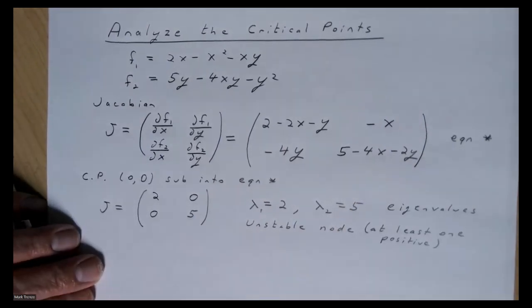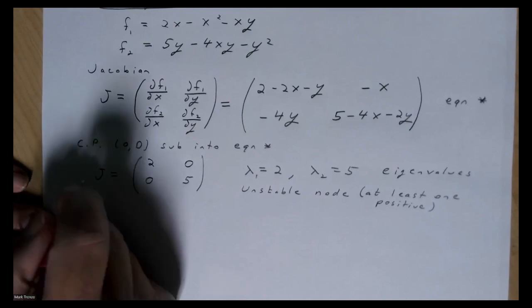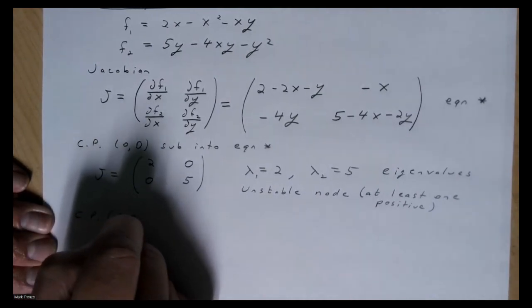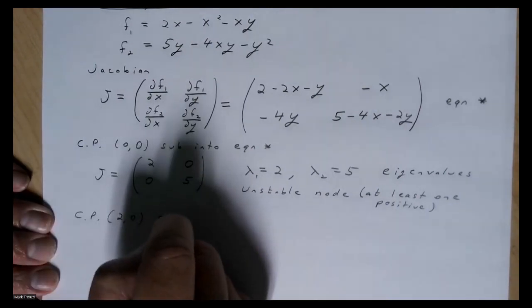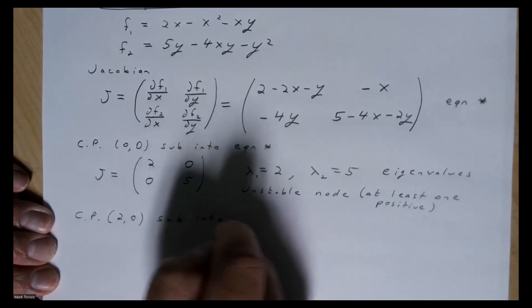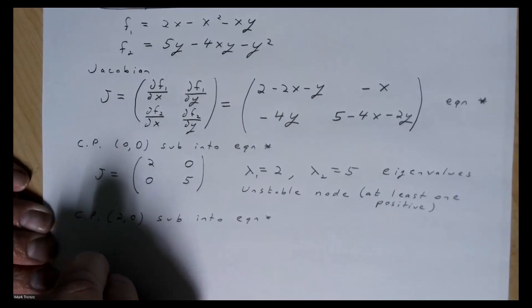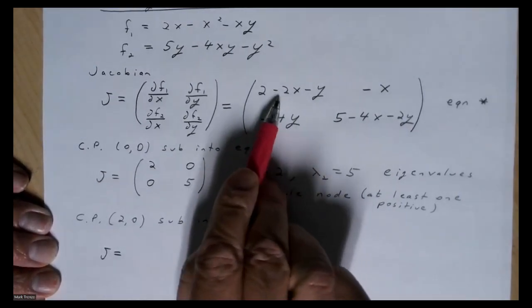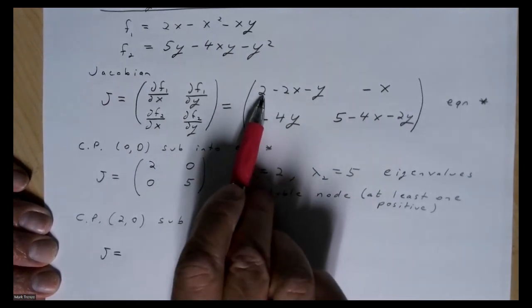And then let's do the next point that we had. The next one was 2, 0. Sub that into our Jacobian. We have to do a little bit more work this time. So we put 2, 0 into here.